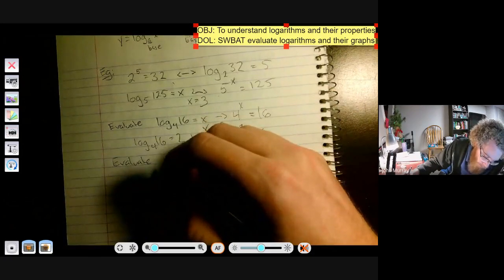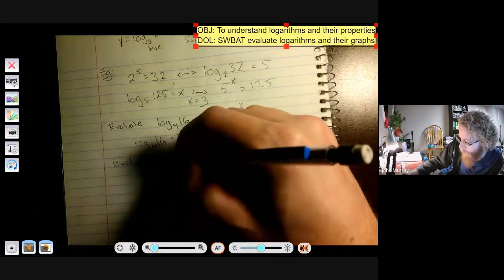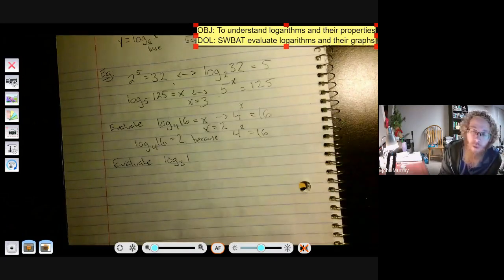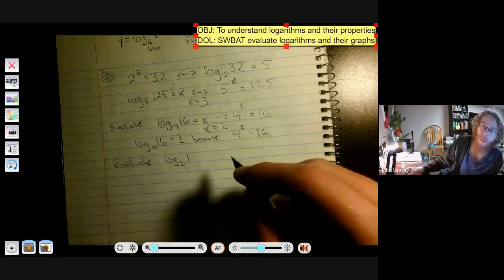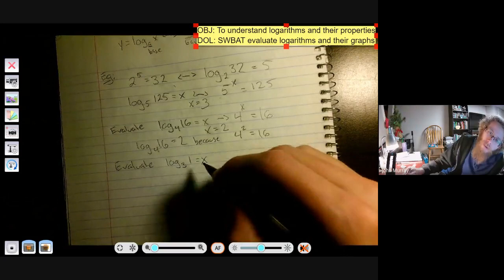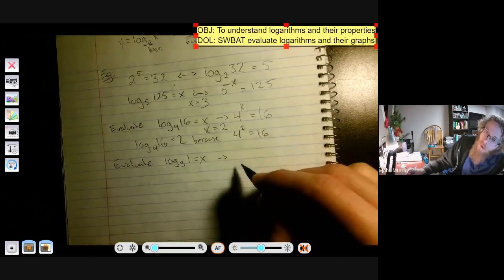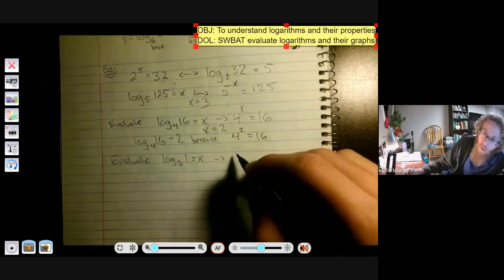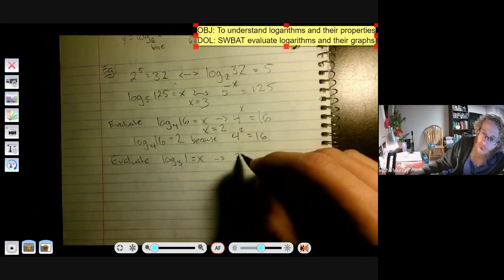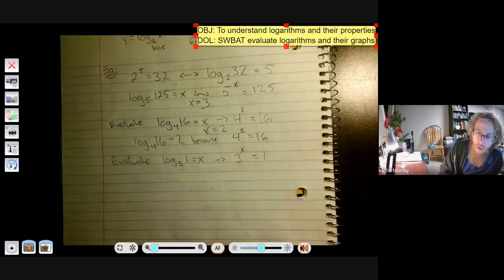So let's take a look at something like this. Log base 3 of 1. All right, so 3 to what power gets us 1? Now this one's kind of a trick question, but we're going to follow the same steps. I'm going to set it equal to x and rewrite it as an exponential equation.